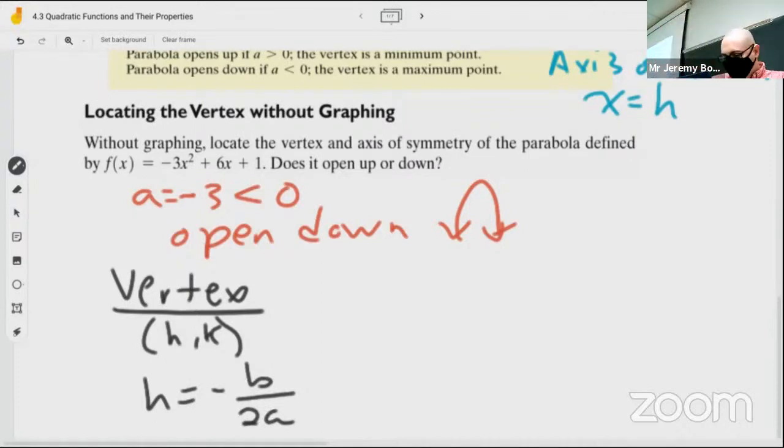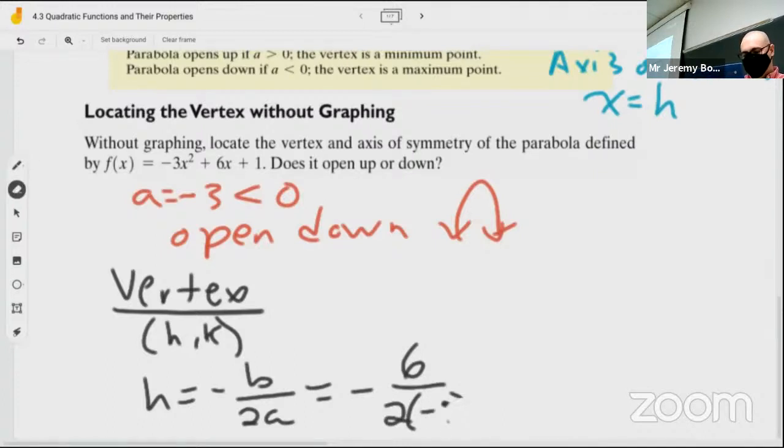And so for us here, that's going to be negative 6 over 2. Oh, I say 2, I wrote 3. 2 times negative 3. There we go. Oh, hey, that's not bad. And so this is going to be negative 6 over negative 6, which is 1.